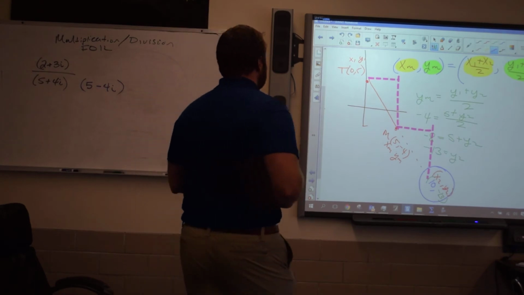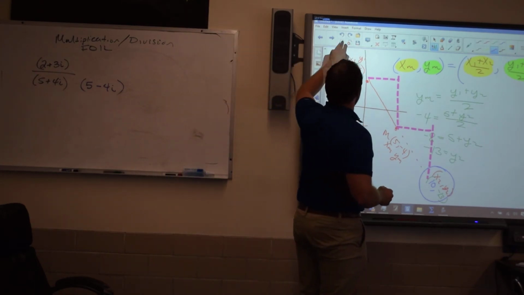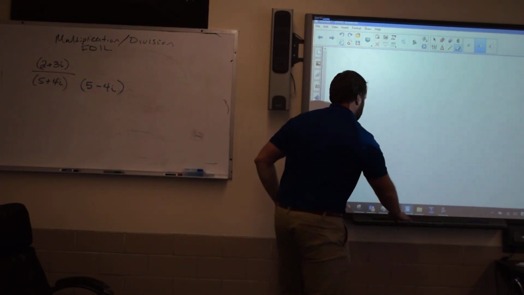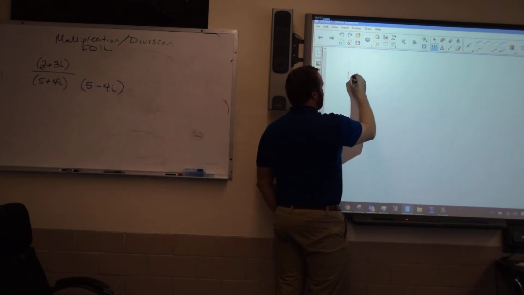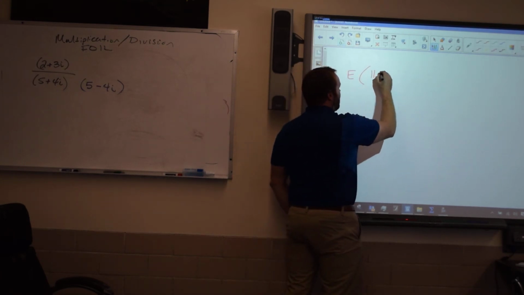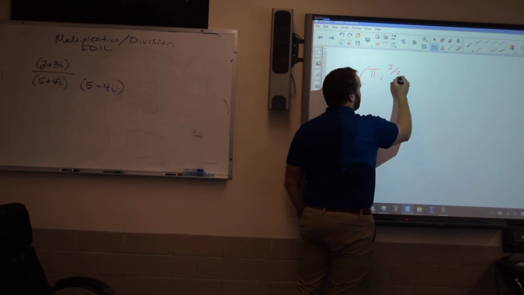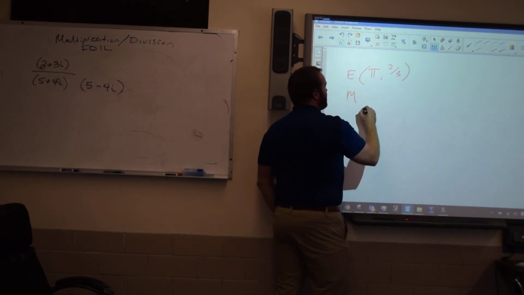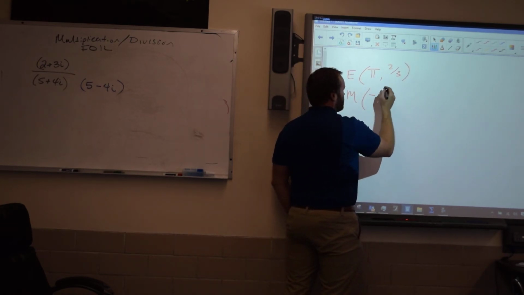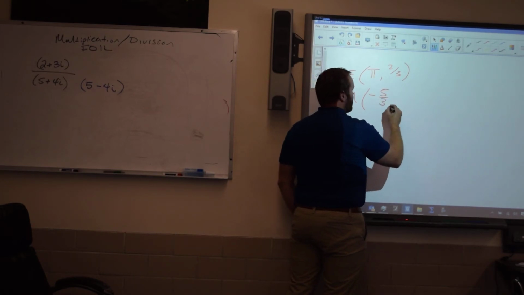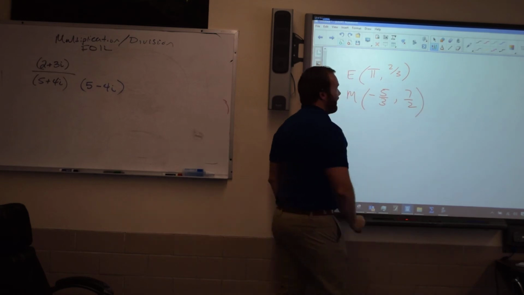Now here's the reason I don't show that. What happens when I tell you that your endpoint is at (pi, 2/3) and your midpoint is at (-5/3, 7/2)?